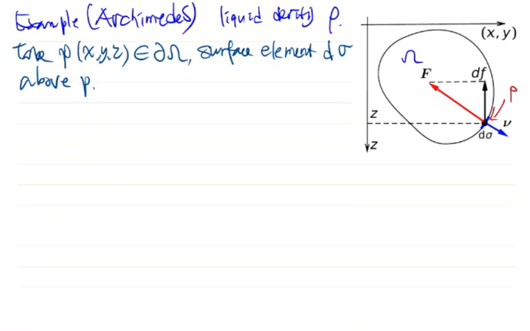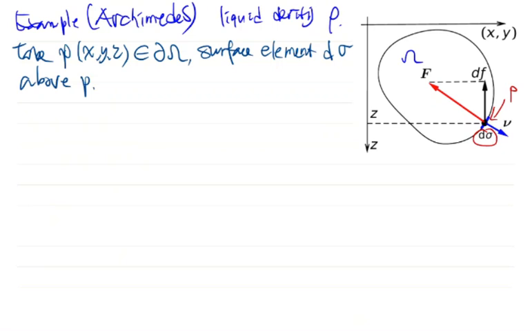The boundary of omega is a surface. Now we take a point on the boundary, then take a small piece of the boundary surface containing this point. I draw it in blue in this picture. This small blue segment is our d sigma.